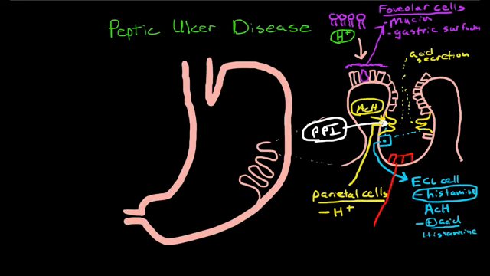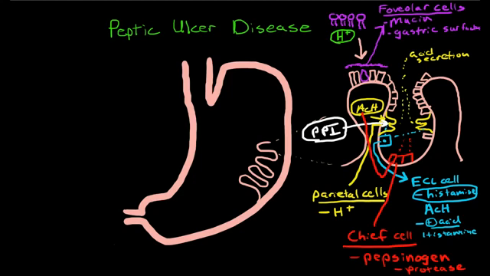The chief cells secrete pepsinogen. Pepsinogen is an enzyme that breaks down protein, so it's a protease. And this is also stimulated directly by acetylcholine.